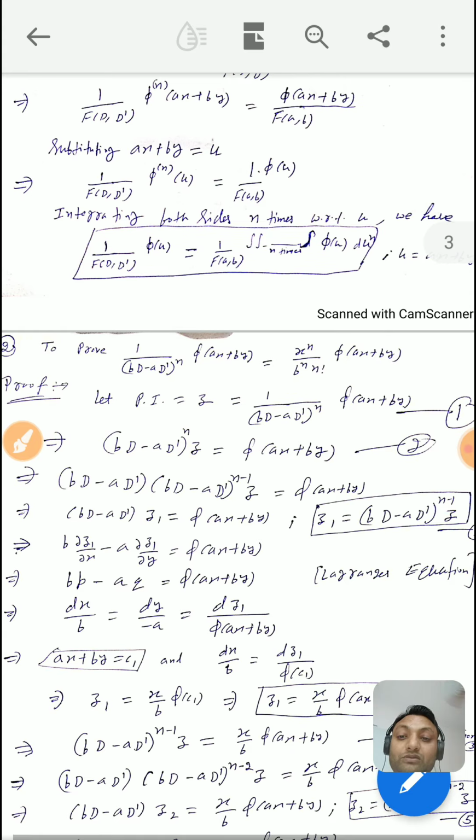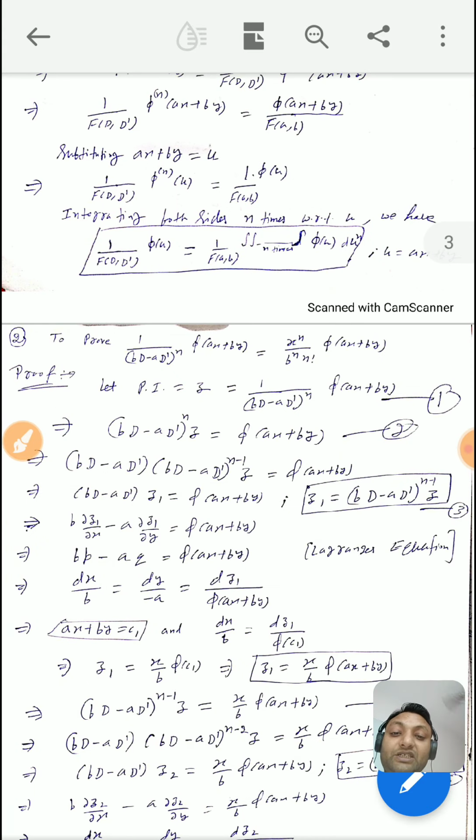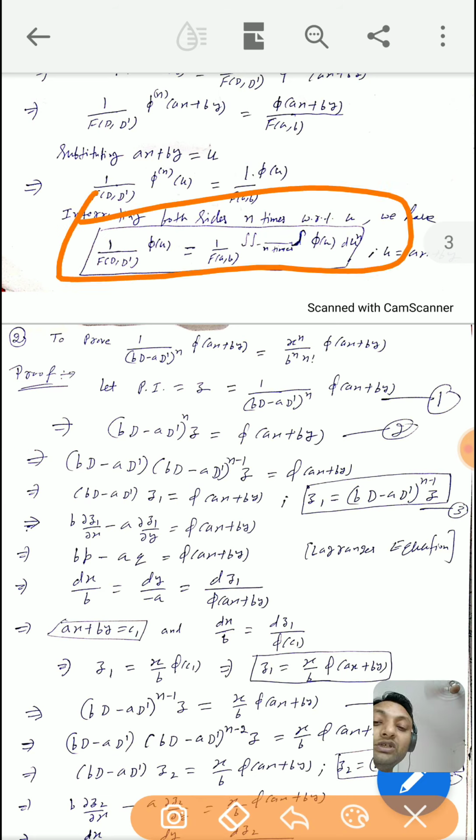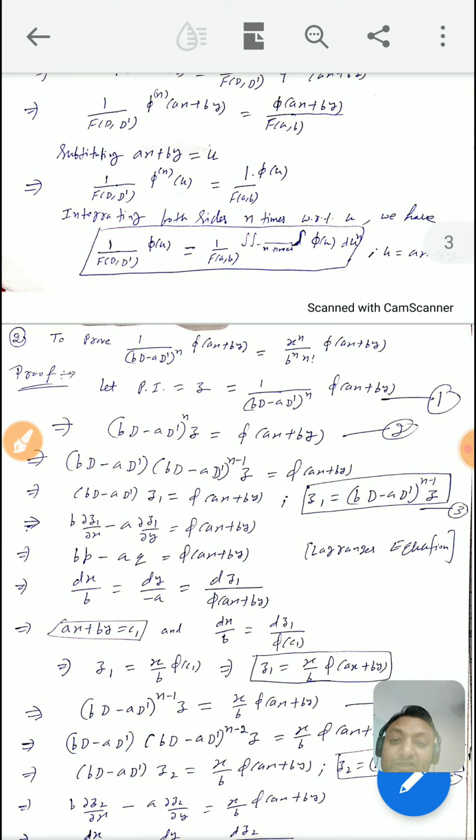Now the second theorem or second result. The first was the result when f of a, b is not equal to 0, and when f of a, b is equal to 0, then we will move to the next result. So what is the next result?